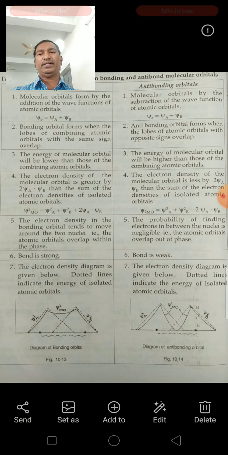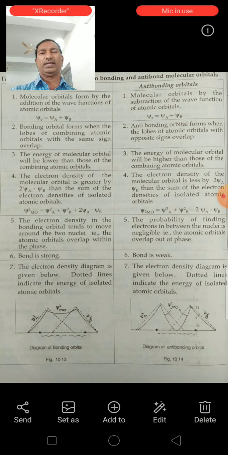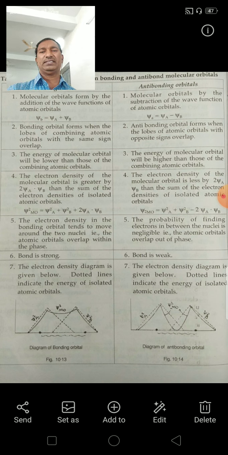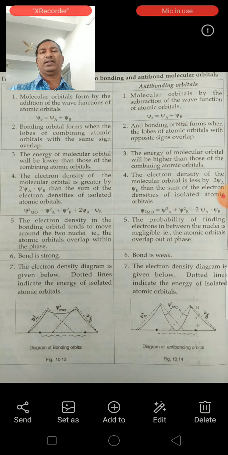Fourth point: the electron density of the bonding molecular orbital is greater by 2 psi A psi B than the sum of the electron densities of isolated atomic orbitals.